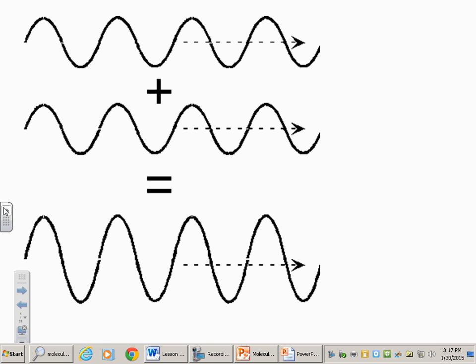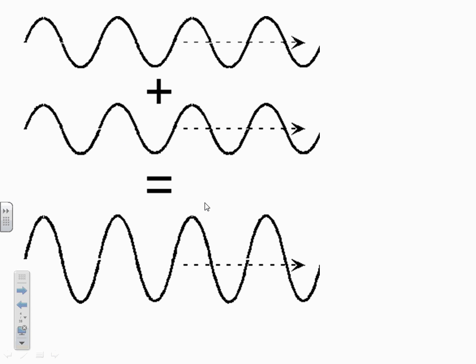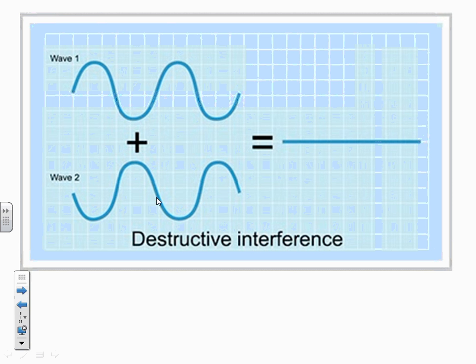The waves are in phase, they will add together and amplify. Destructive interference, the waves are out of phase. A crest meets a trough instead of a trough meeting a trough, and a crest meeting a crest. And when they have destructive interference, they completely cancel out the wave. So no wave is there.